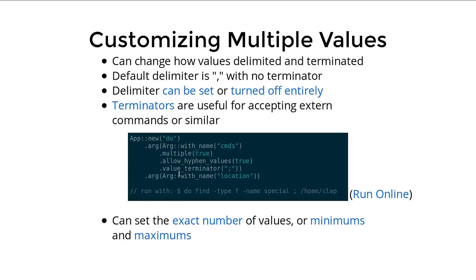And then we have another positional argument, which would be index 2 of a location. If you run it like this, do find -type f -name special, this, and then /clap. If you were to check the values of these two, the values of your commands argument would be find -type f -name special colon. The value of your location would be /clap, just showing that it stops parsing once it reaches that terminator.